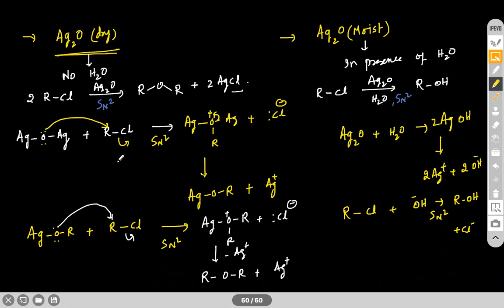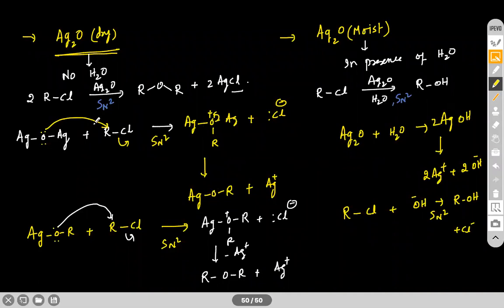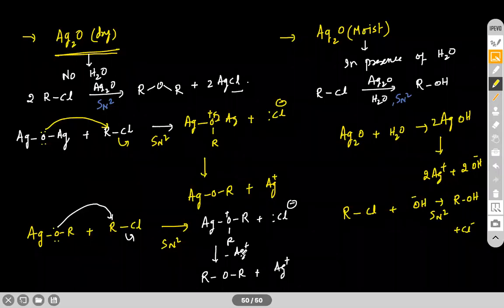We are talking about the configuration of this and the product, right? So if this is R, this will be S here, right? So if it is S, this becomes R. So in each step, from this one to this one, the configuration gets reversed.